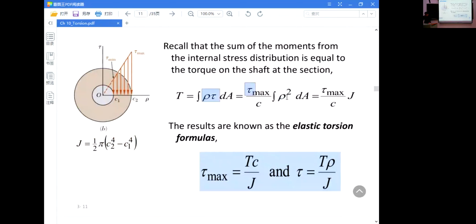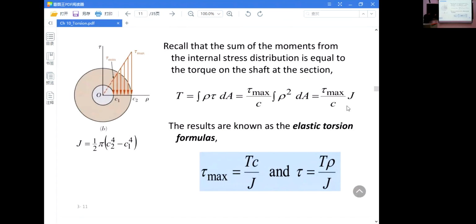We denote it by J. It means we just set J equal to the integration of rho squared dA. That's enough. We can find tau rho equals T rho over J.